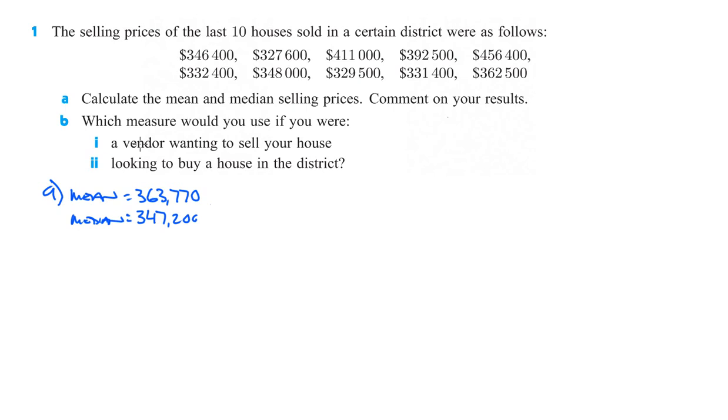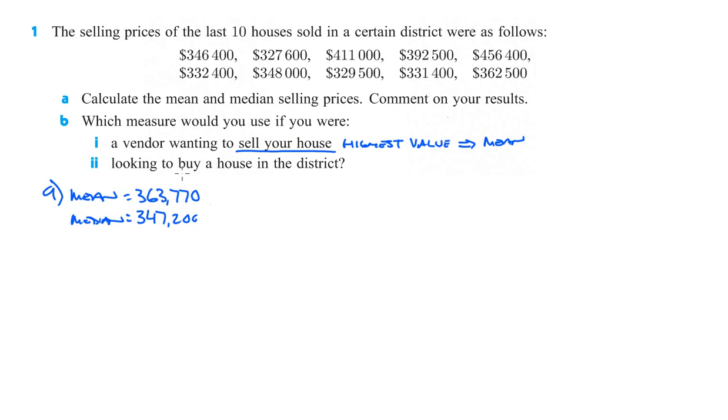Which measure would you use if you are wanting to sell your house? If you want to sell your house, we want the highest value that we can get. So if you're selling to someone else, you want to get as much money as possible out of it as you can. So that means we want to use the mean, because the mean value is 363,770.